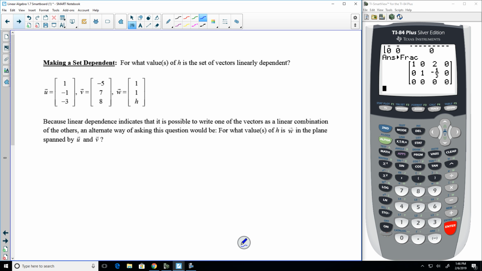Don't do that. Yeah. Could you multiply vector u by 6 and then add them? 6. Okay. Let's try that. So 6u plus v. 6u would be 6, minus 5, negative 6 plus 7, and negative 18 plus 8, equal h.